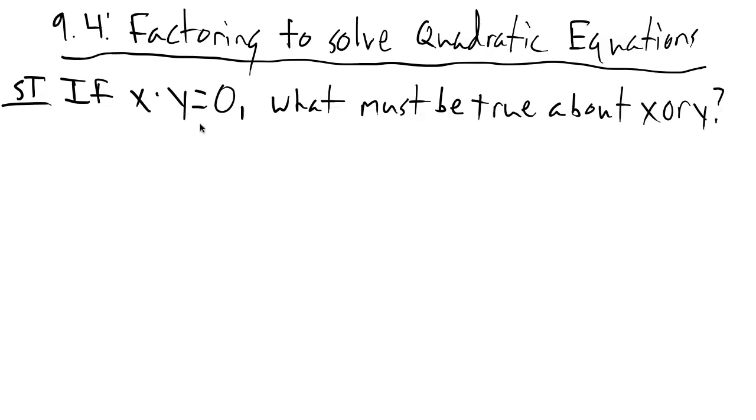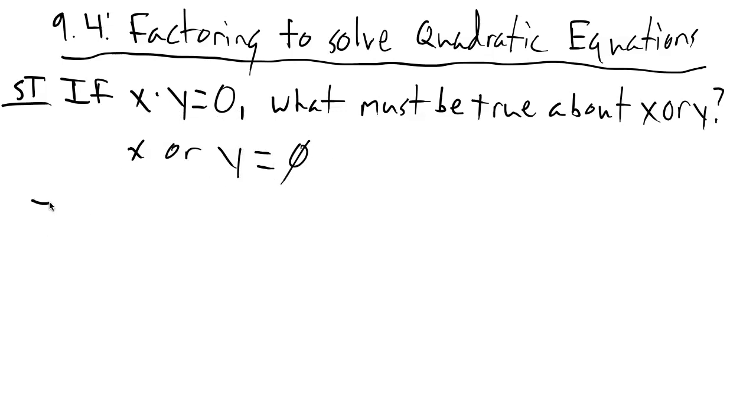If x times y equals 0, we need to figure out what multiplies to make 0. If you think 1 and -1, then we don't get 0. If you try any set of numbers, you don't get 0. But we do know anything times what equals 0? Anything times 0. So we know that x or y has to equal 0, because the only thing that you can multiply by to get 0 is 0.